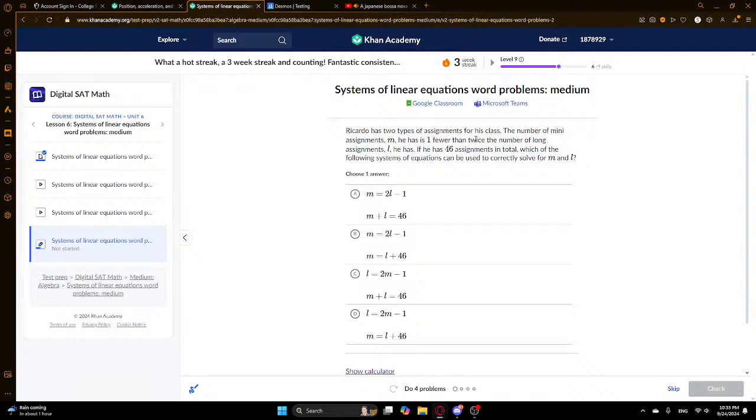Mini is 1 fewer than twice the number of long.